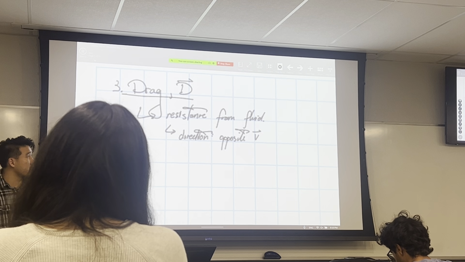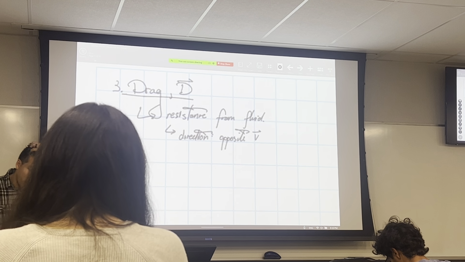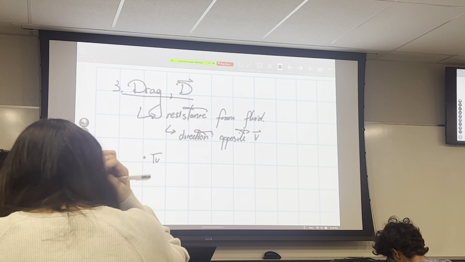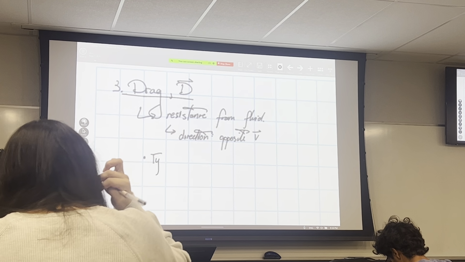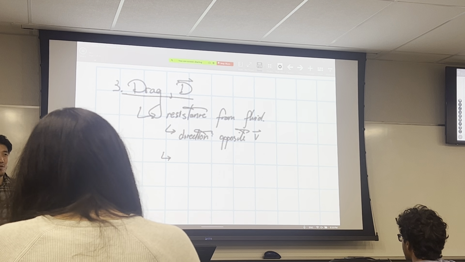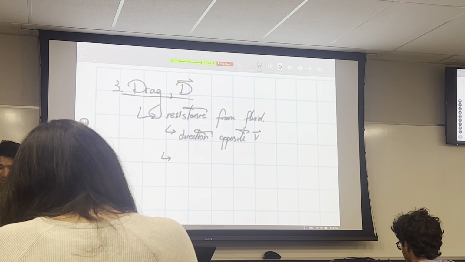Actually, opposite V, one second. Because it opposes V, the drag depends on V. Because if the velocity is different, then your drag will also be changing.